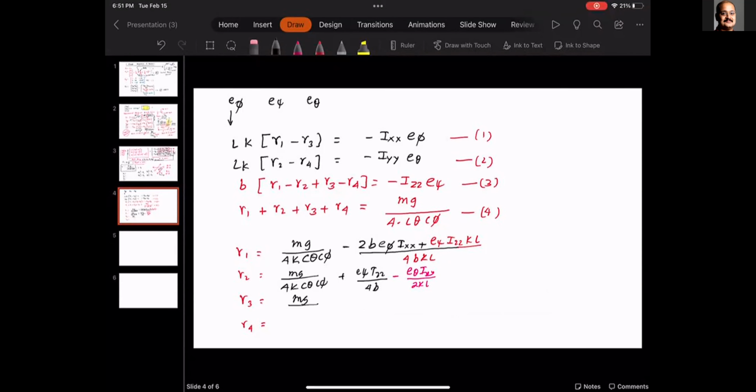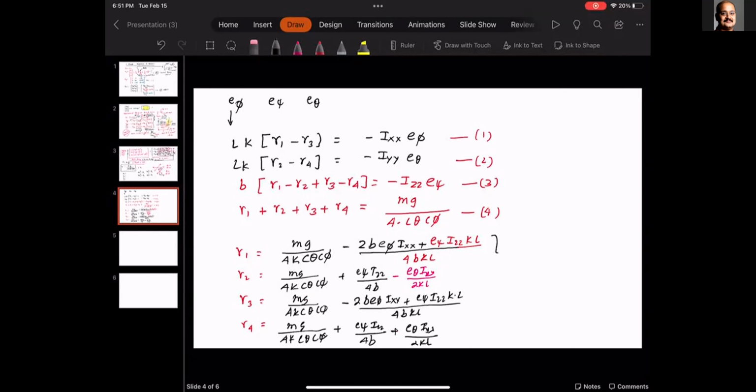Then mg over 4k cosine theta cosine phi minus 2b e phi Ixx plus e psi Izz k times L divided by 4bkl, and mg over 4k cosine theta cosine psi plus e psi Izz divided by 4b plus e theta Iyy over 2kl.